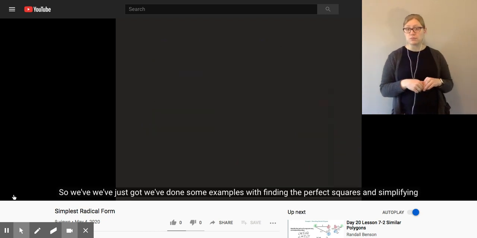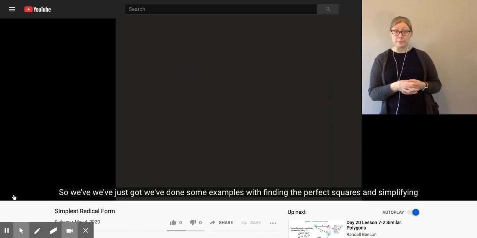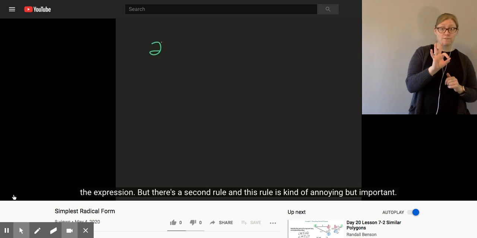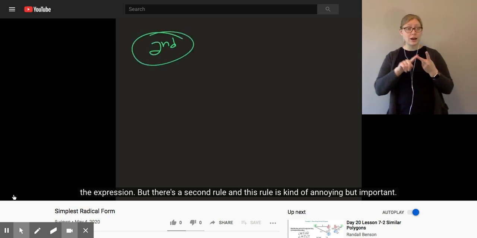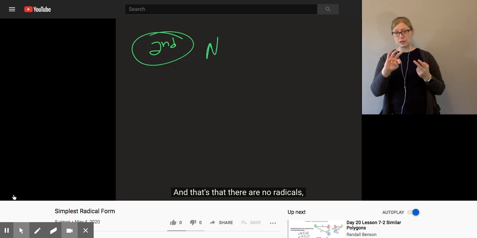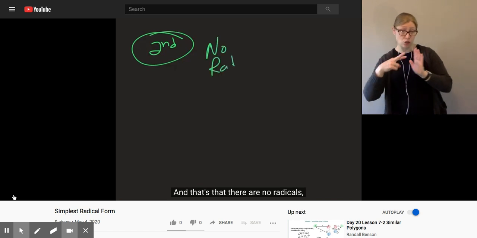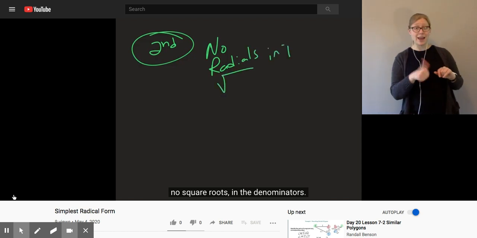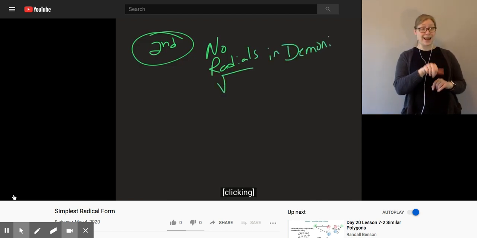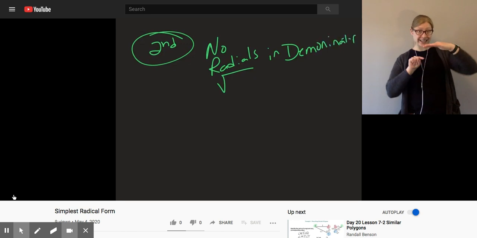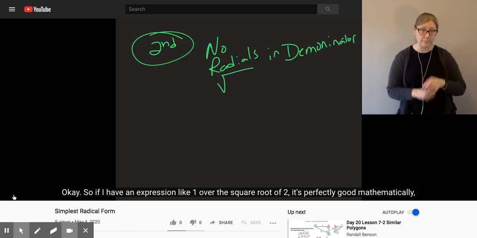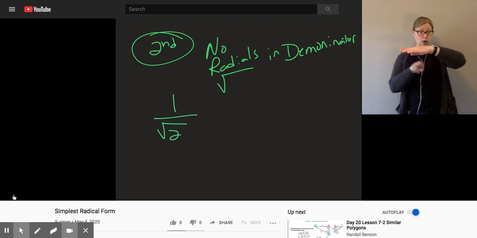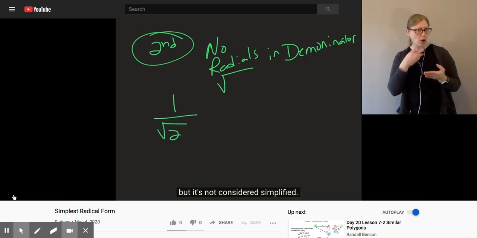So we've done some examples with finding the perfect squares and simplifying the expression. But there's a second rule, and this rule is kind of annoying but important, and that's that there are no radicals, no square roots in the denominators. Okay, so if I have an expression like 1 over the square root of 2, it's perfectly good mathematically, but it's not considered simplified.